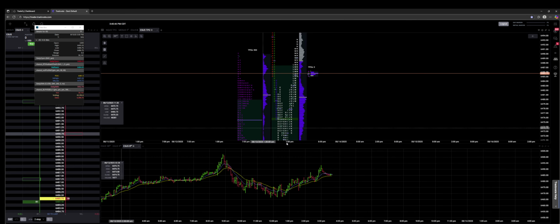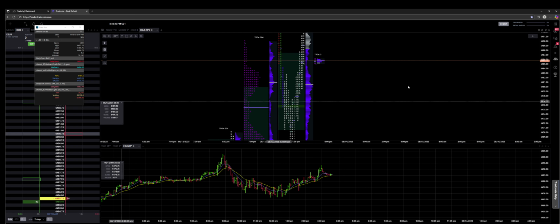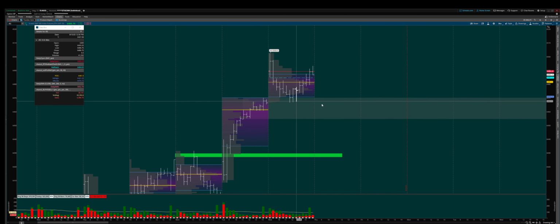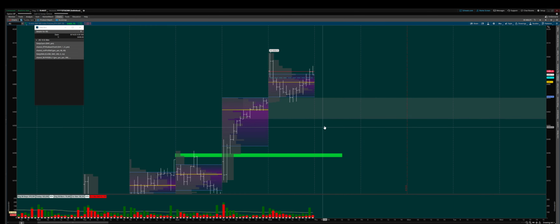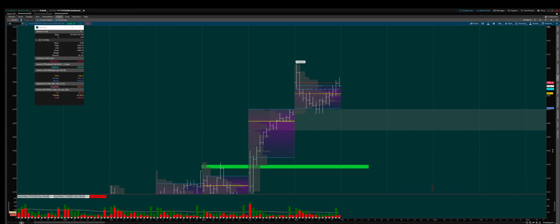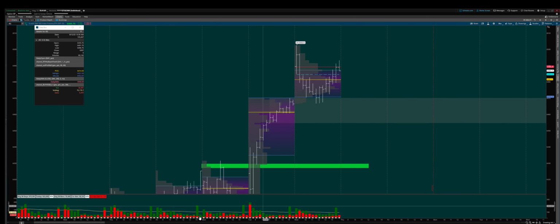Both align to be the same thing, whether you're looking at a 30-minute bar chart, 30-minute candlestick, whatever it is, it all results to be the same thing. It's just a little bit more visually pleasing whenever you can look at the market profile on Tradovate.